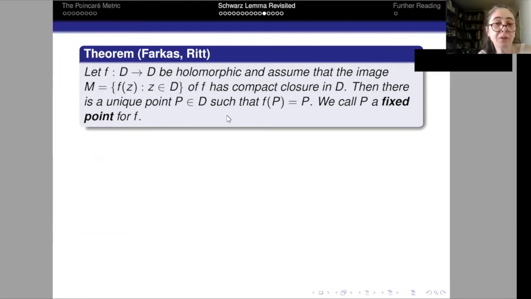So we have a theorem, the Earle-Hamilton theorem. We take a holomorphic function. We assume that the image of this function has compact closure in D. Then there is a unique point inside our disk such that f(p) is equal to p. This is a fixed point for f. So this means that if f sends the disk to itself and the image of f is relatively compact in D, then f has a fixed point.